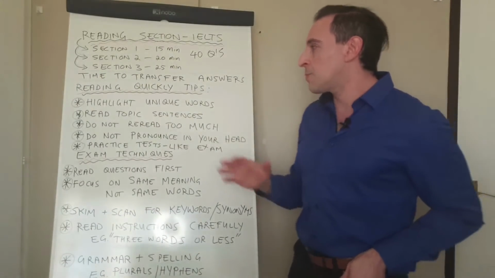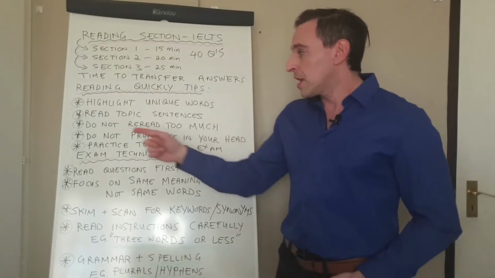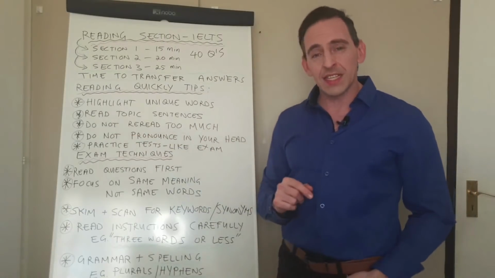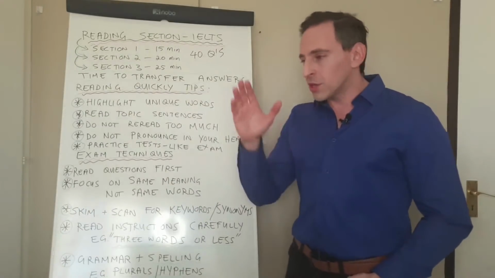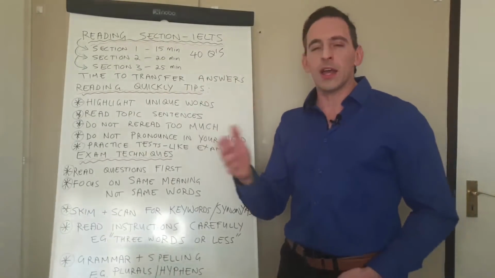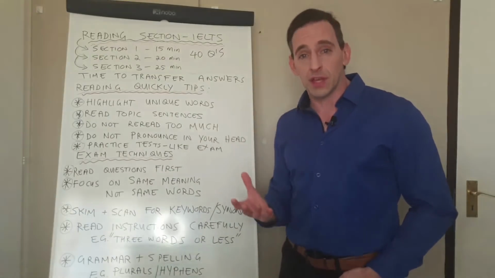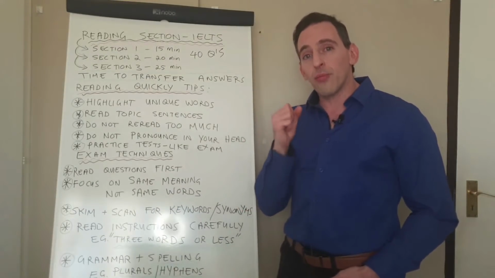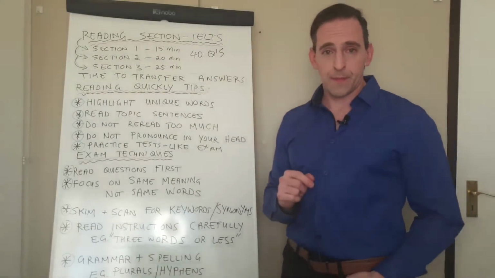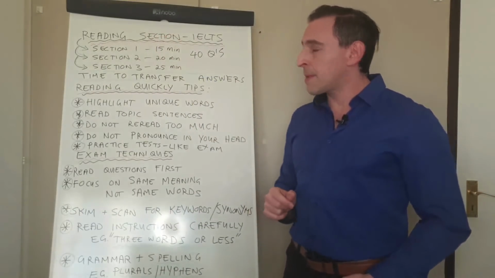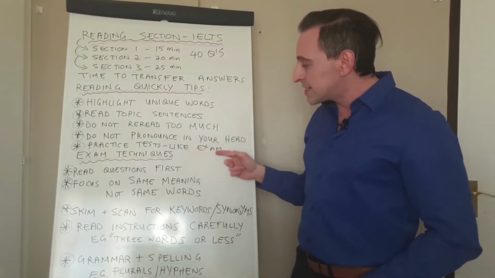And the final tip for reading quickly is to do practice tests like you are in an exam. So there are resources online, there are books, there are all kinds of things where you can find practice reading tests. Time yourself. Use our time management technique like the exam.